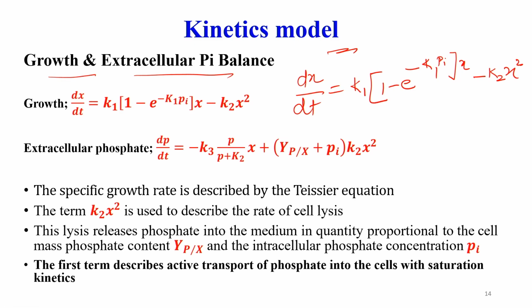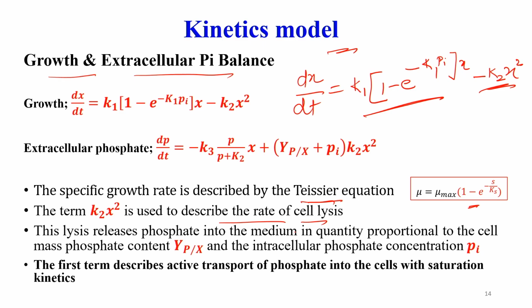Here the specific growth rate in the first term is taken based on the Tessier equation, which we have discussed in the previous week, and the second term k2 into X square is used to describe the rate of cell lysis.